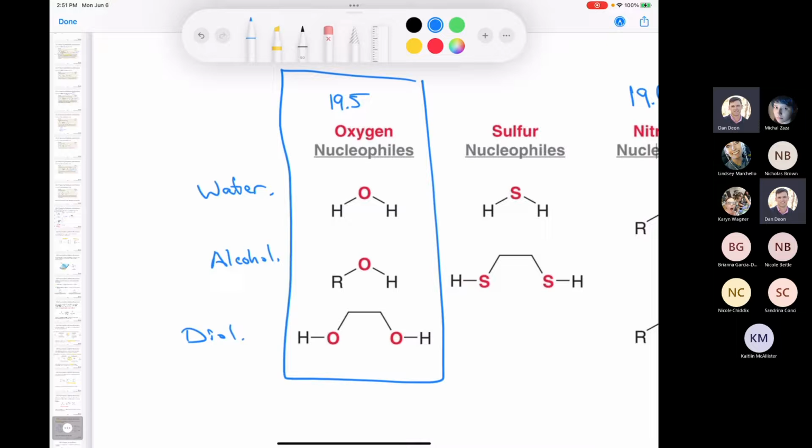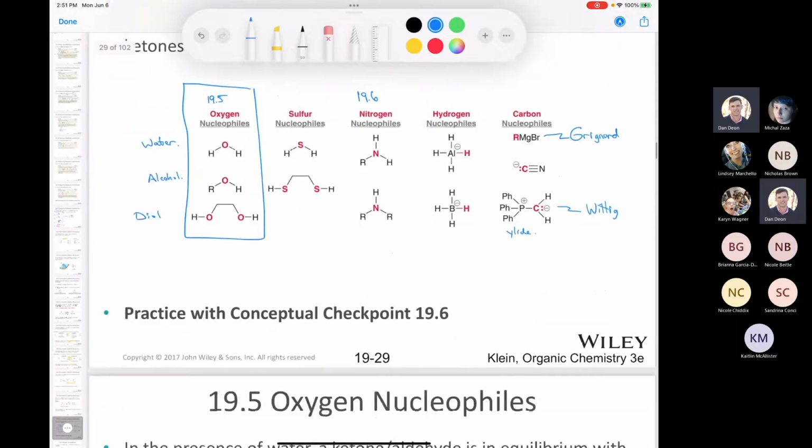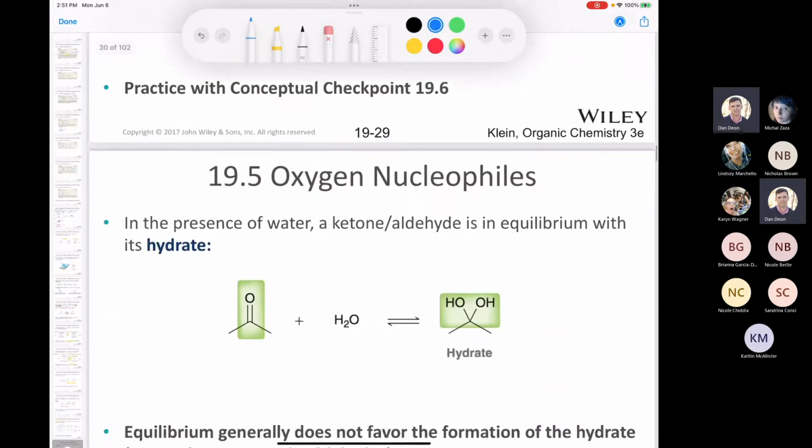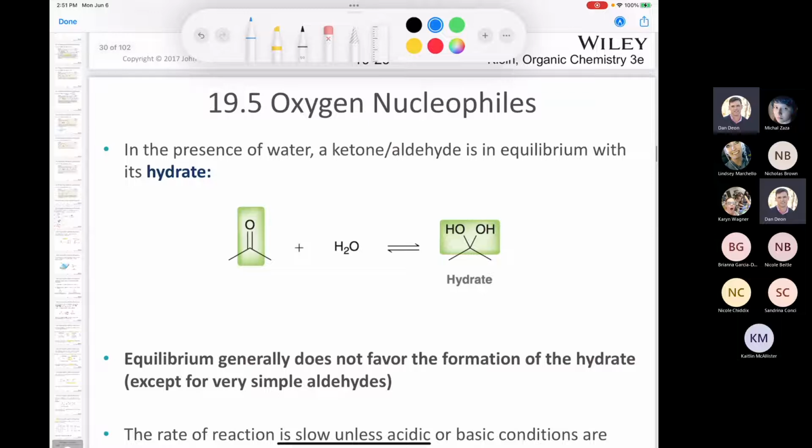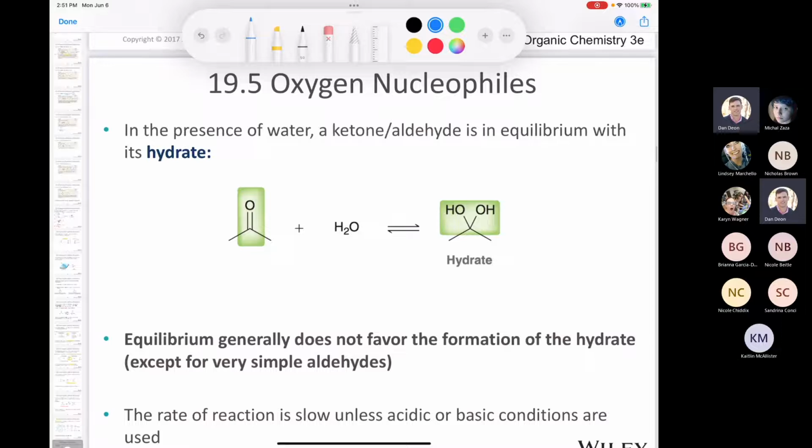Okay, let's talk about this oxygen being a nucleophile. Let's do some kind of introduction to how an oxygen-containing compound can act as a nucleophile with an aldehyde or a ketone. It says here, if you take a ketone like acetone and put it in the presence of water, it's in equilibrium with what's called a hydrate.